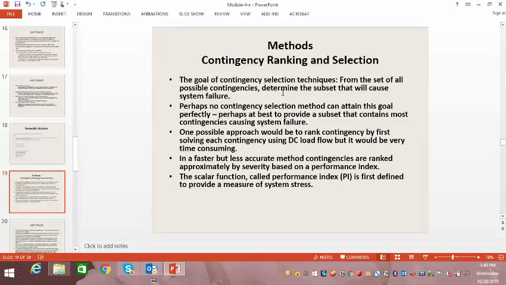The whole goal is how do we efficiently identify this subset which causes system failure.